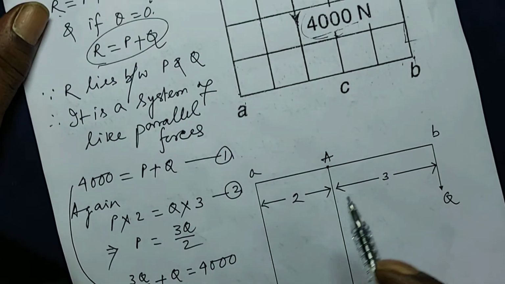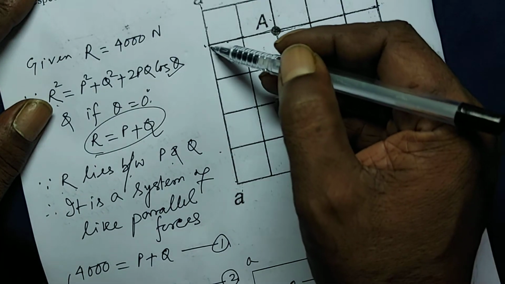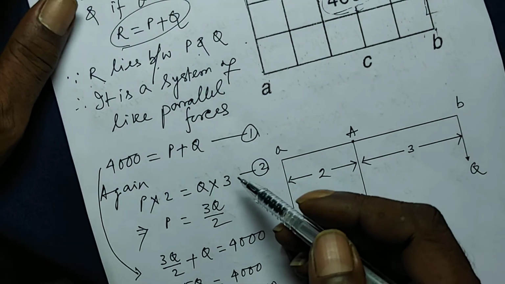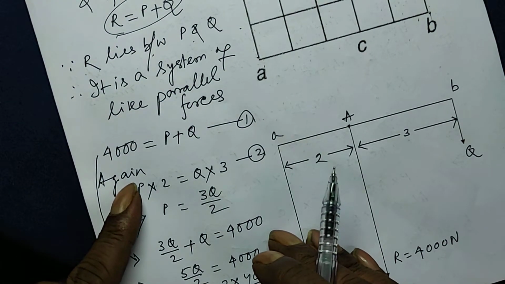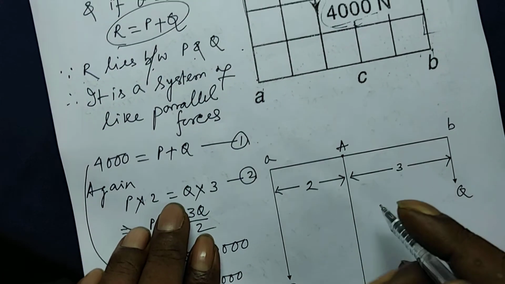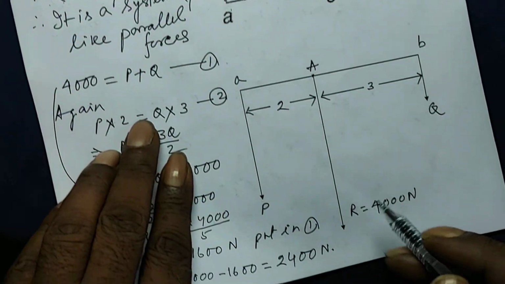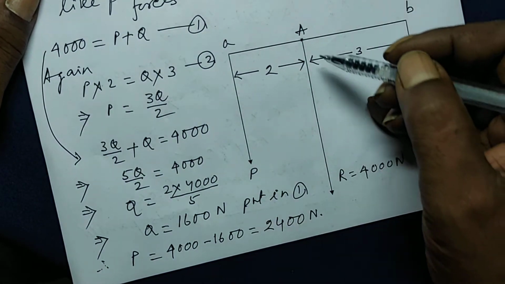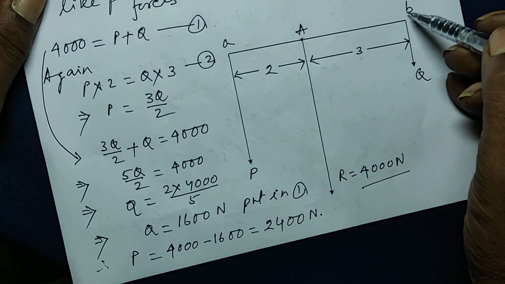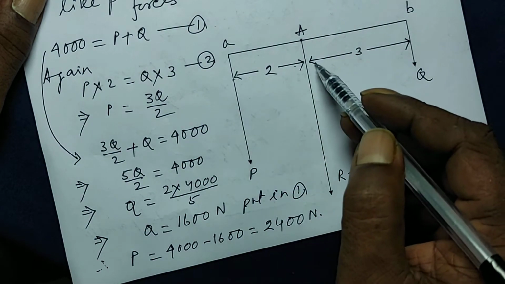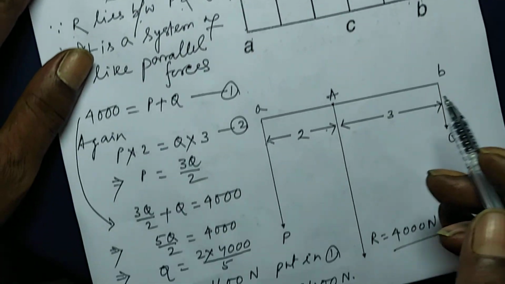Therefore, since R lies between P and Q, it is a system of like parallel forces, meaning the resultant is just the arithmetic sum of P and Q. So this R, which is 4000, will be equal to P plus Q. I have redrawn a diagram, and this is 2 units, this is 3 units, 2 units, 3 units of length.